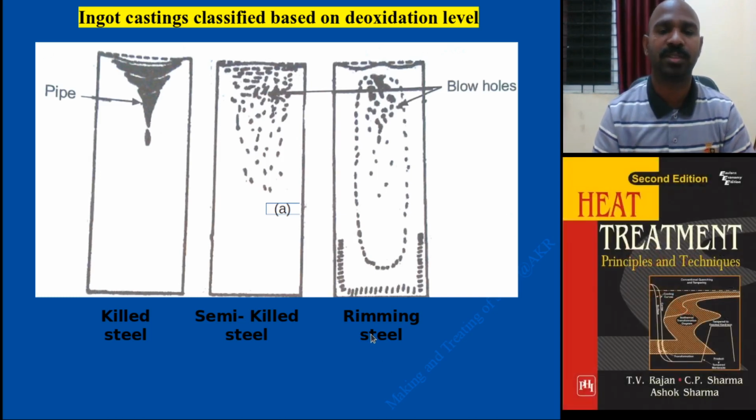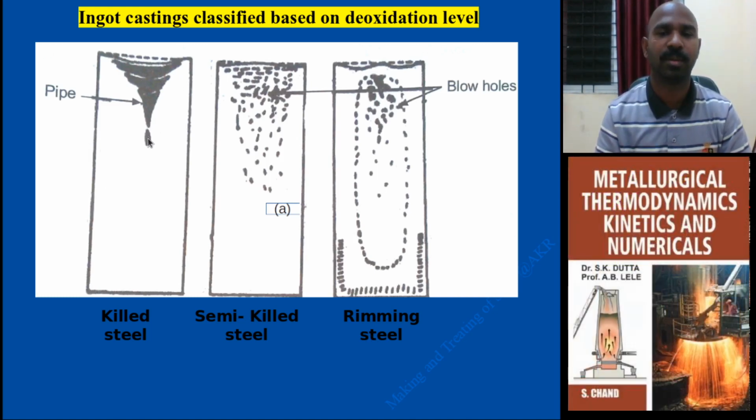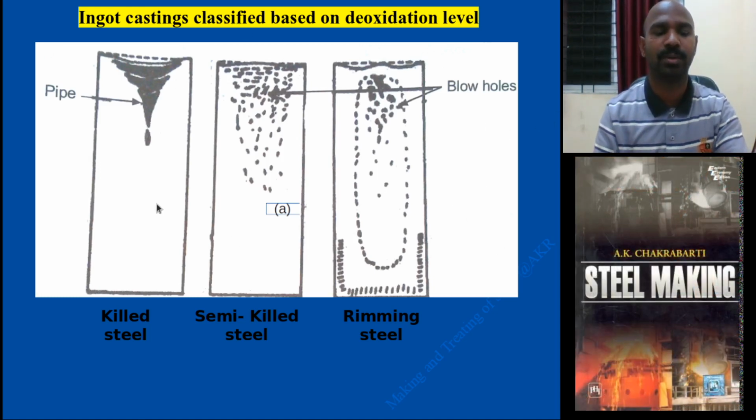Similarly in rimming steel also, but for killed steel you need to strip off a large amount. Even these pipes also get welded at the hot rolling stage, in the subsequent finishing operation steps after ingot casting.